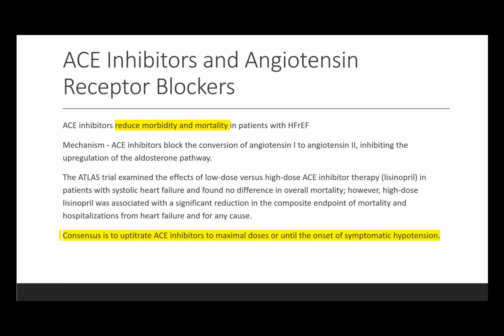They did find that the high dose lisinopril was associated with a reduction in the endpoint of mortality, but we'll come to the advantage of doing dual therapies or adding second agents before trying to maximize one drug first. And the consensus always is to up-titrate the dosage till the maximum the patient can tolerate.